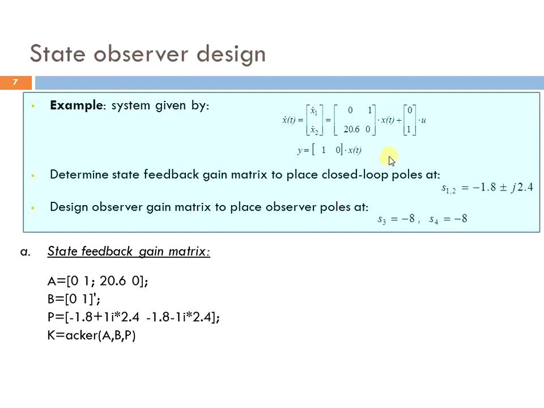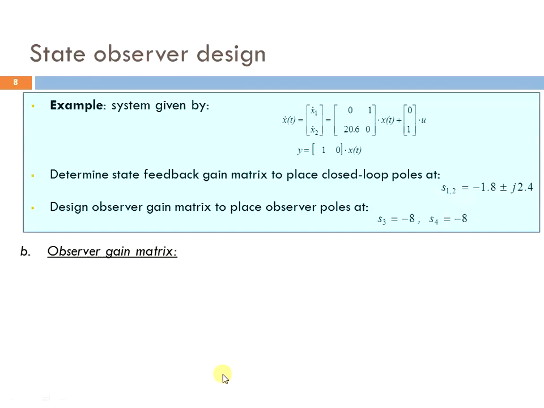We can easily do that by implementing the code displayed here, as we discussed in the previous lecture. Once we evaluate that code, we find that the state feedback gain matrix has the elements 29.6 and 3.6.